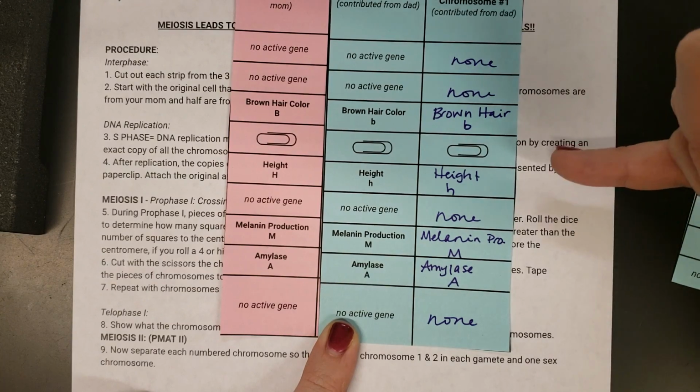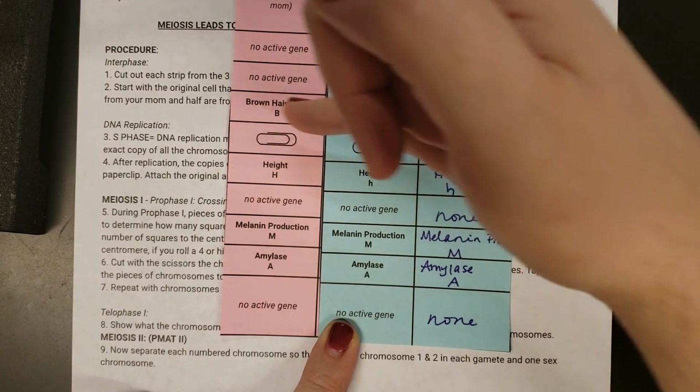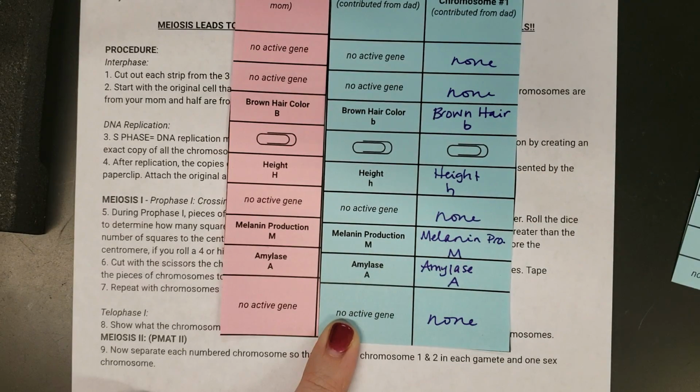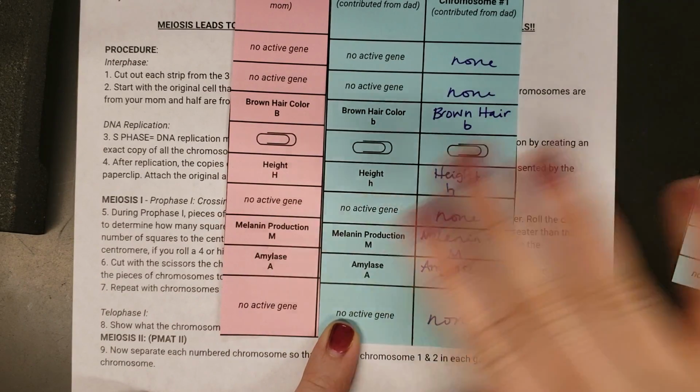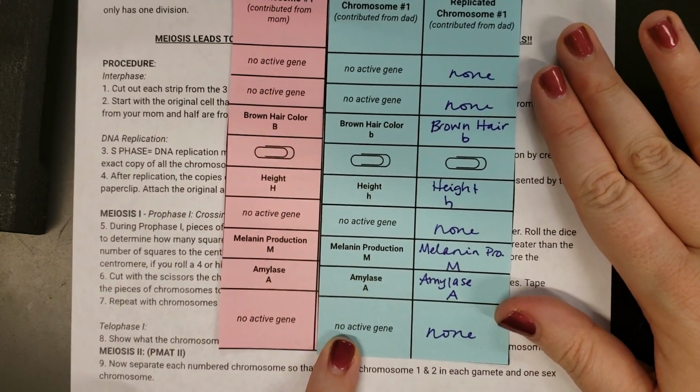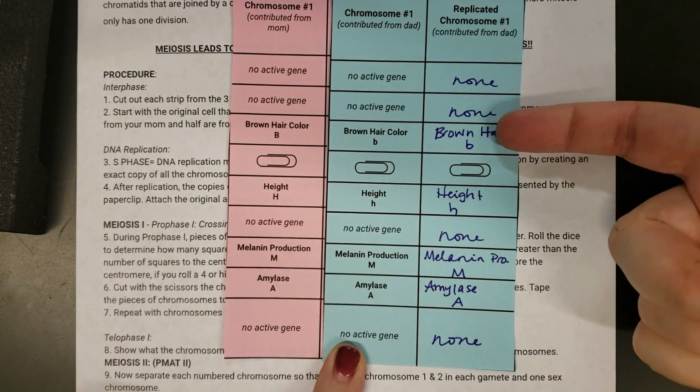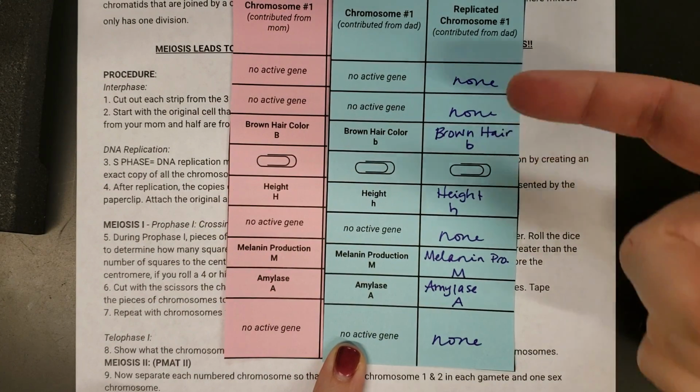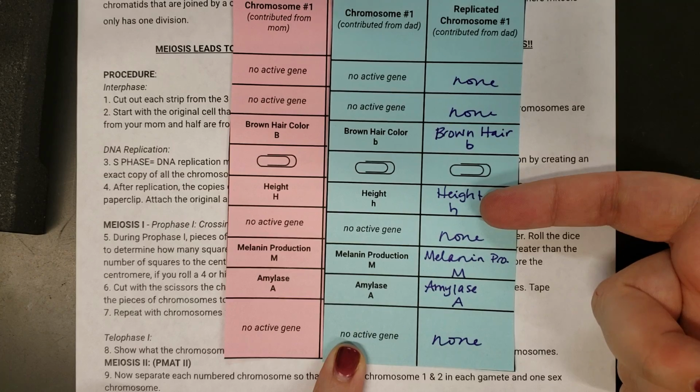It's just the different combinations of dominant or recessive that give you the different hair colors. So every human on Earth, if these were real, which they're not, everyone would have this brown hair color gene here, and the height gene would be right here.